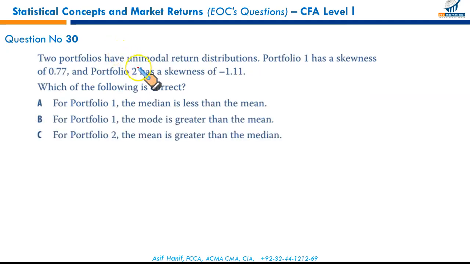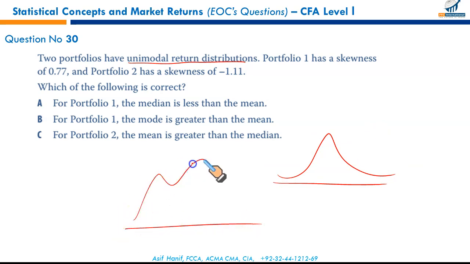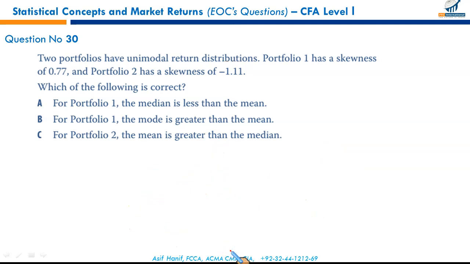Two portfolios have a unimodal return distribution. Unimodal means the curve has just one peak, rather than the bimodal that we just discussed a little while earlier while studying kurtosis. Portfolio 1 has skewness of 0.77, positively skewed. When a distribution is positively skewed, it will be like this.